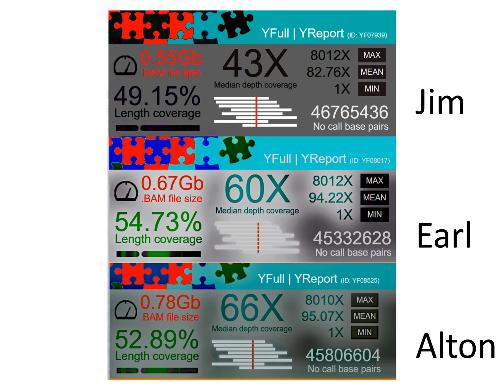The next one down got 0.67, and the next one got 0.78. So you'll see as these tests are running, they're getting different qualities of data, different process passes through. How many times did they get through and test each location? 43, 60, 66. So we've got a lot to go, a lot to learn, and in the next three classes I hope to enlighten you more on what we're looking at.